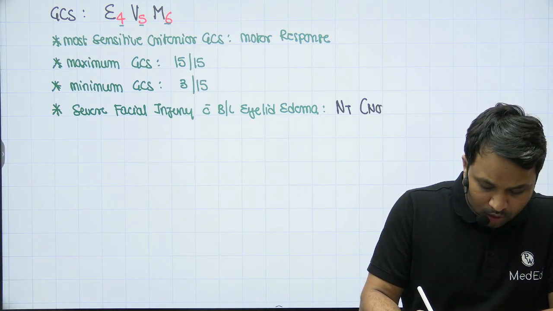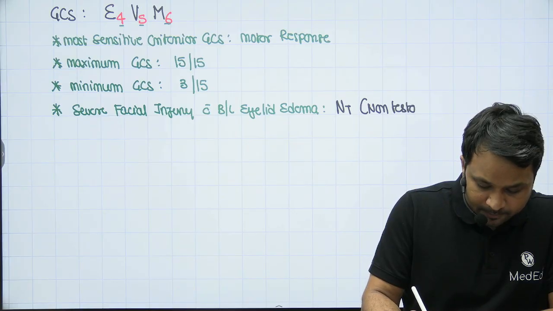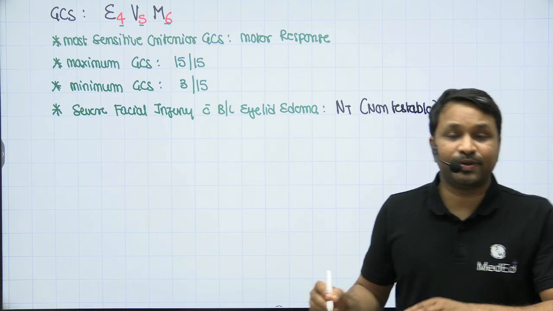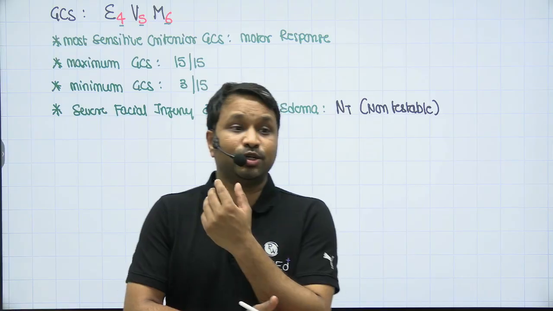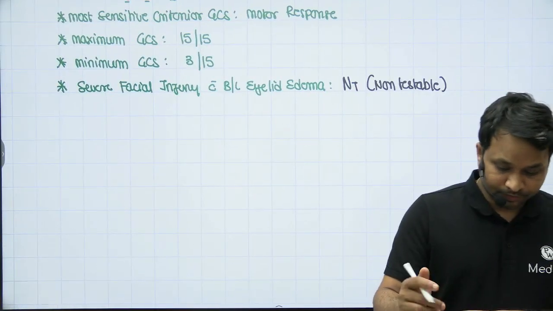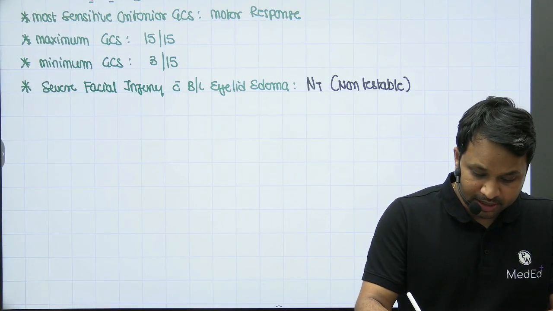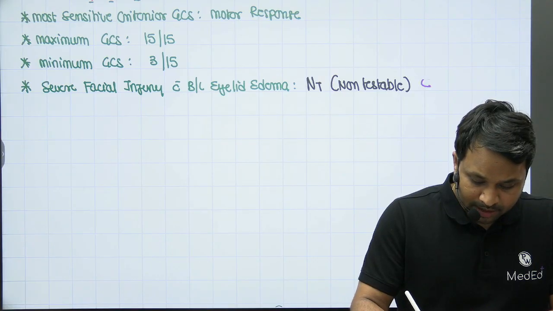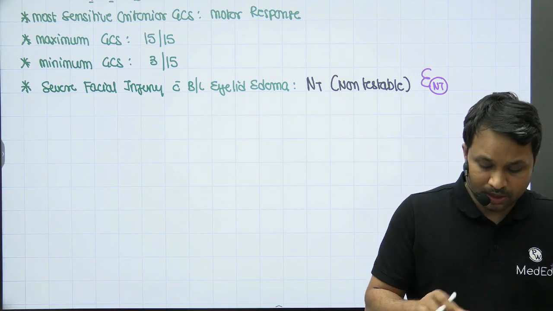that is non-testable. The same thing applies when you're looking for a motor response and you have a limb fracture. So when you say eye response here, the eye response will become NT. NT means non-testable.